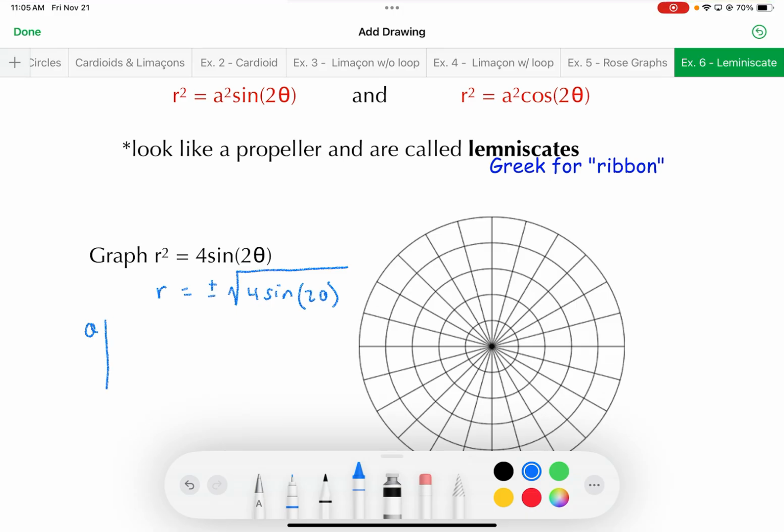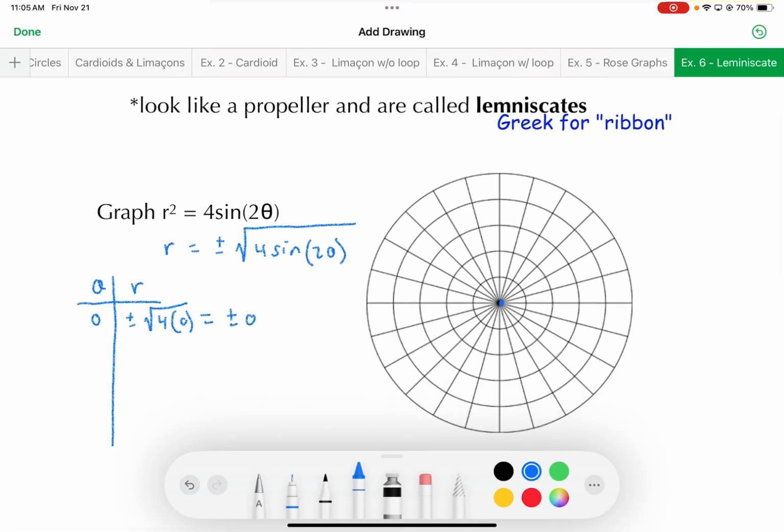Okay? All right, so let's make a table here starting with the first quadrant, 0. If I plug 0 in, 2 times 0 is 0. Sine of 0 is 0. So this is plus or minus the square root of 4 times 0, which gives me plus or minus 0. So that's just a point at the pole, and I get it twice technically. Okay, I plug pi over 6 in.